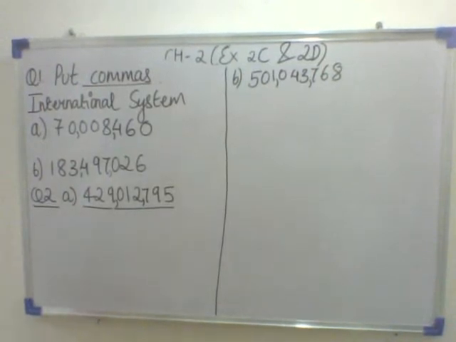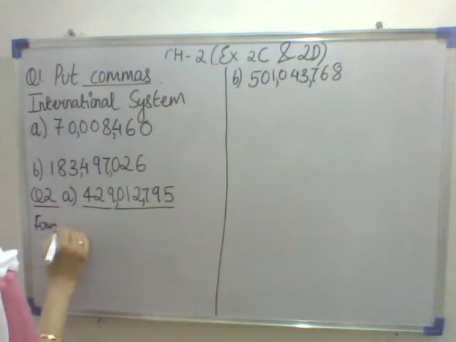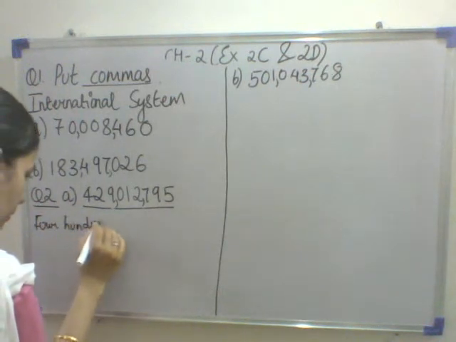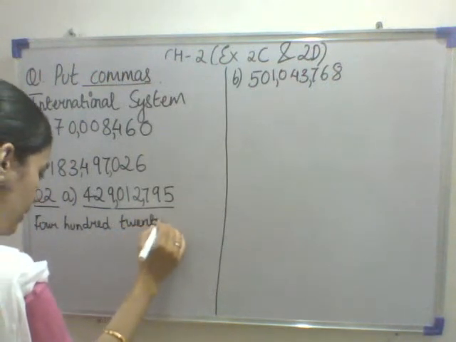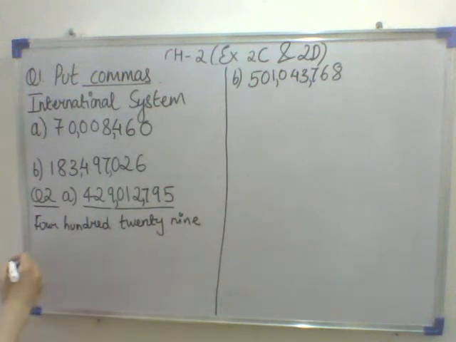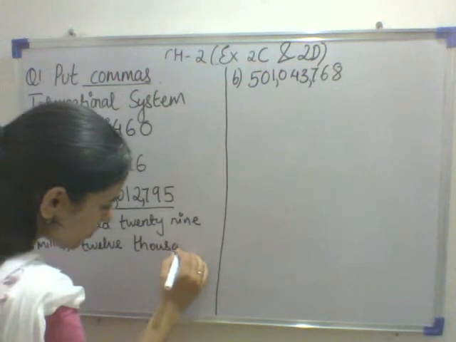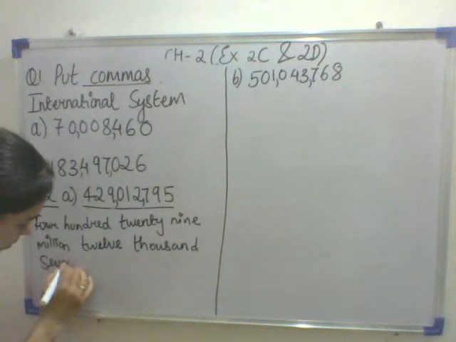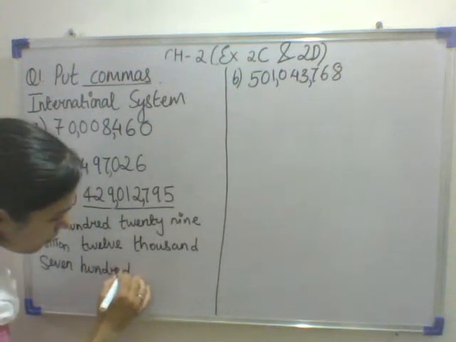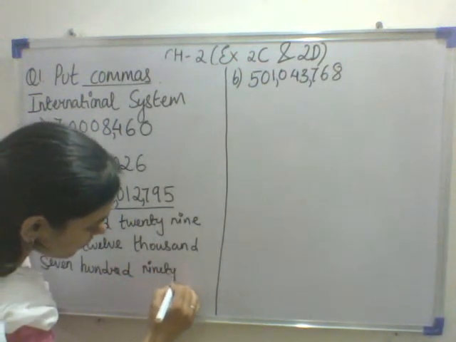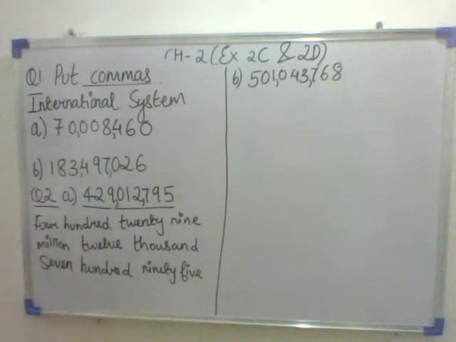So I am writing, 429 million 12,795. In this way we write the number in the international system.